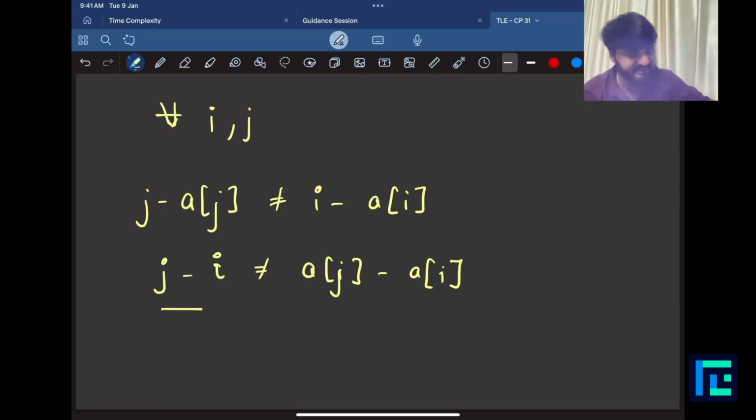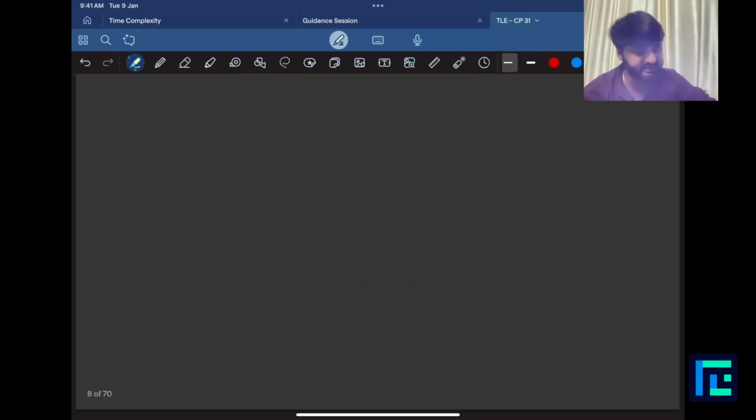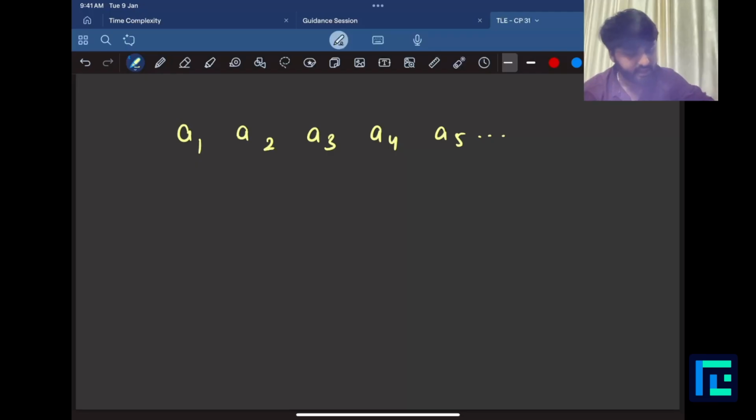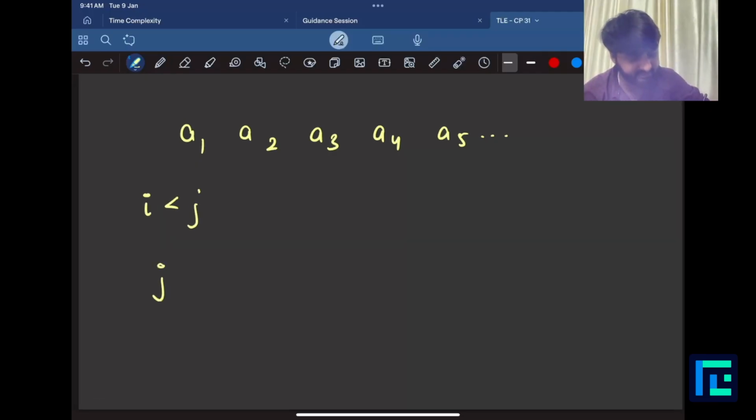This tells me a very important factor. What is j minus i, or what is aj minus ai? Let's write a random array. Okay, let's say I have the array a1, a2, a3, a4, a5, and so on. Now, when I'm saying that i is less than j, then j minus i is basically the difference that is coming in indexes. Yes, if I mark these indexes 1, 2, 3, 4, 5, and so on.